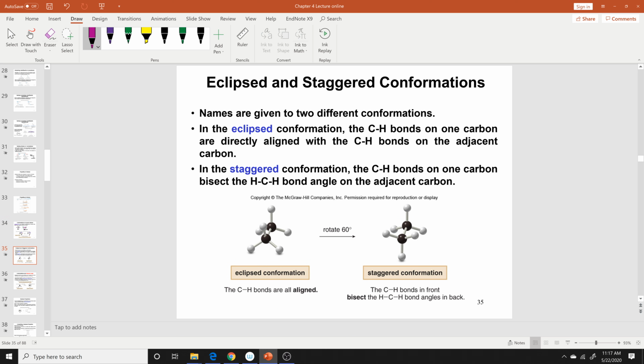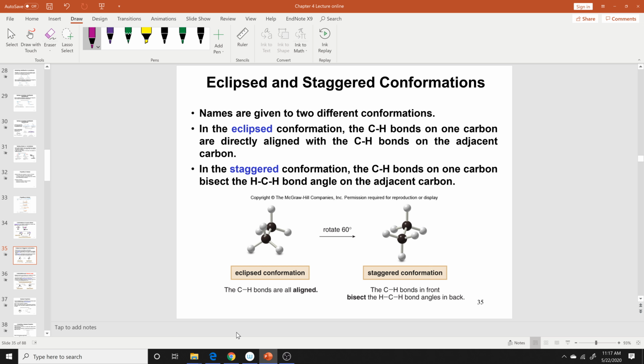As you saw in the video, there are 2 types of conformations for a carbon single bond carbon, and these conformations are named either eclipsed or staggered. It's the way the bonds are arranged. In an eclipsed conformation, as you can see, all the CH bonds are directly aligned with each other.